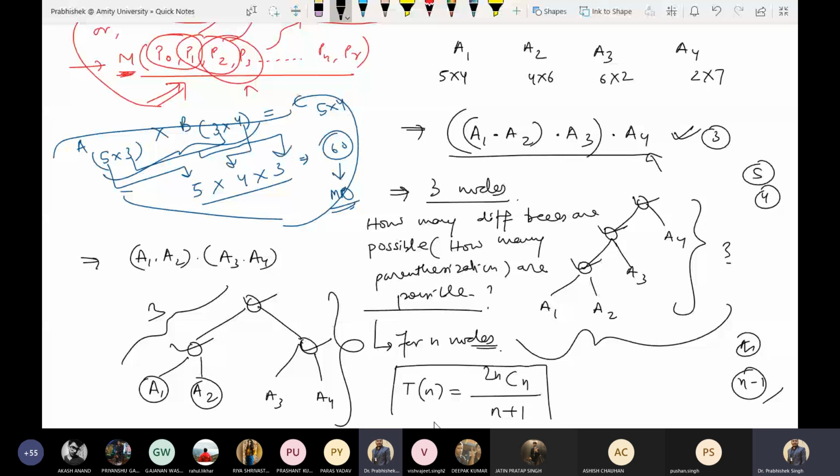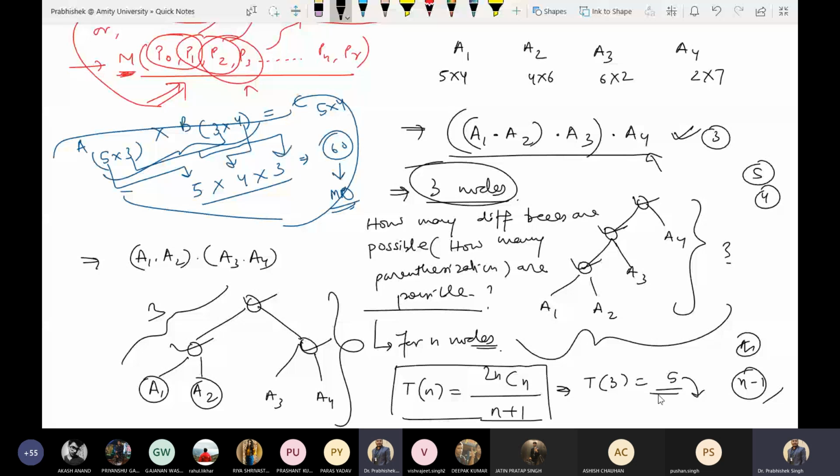This is the formula. Just place n equal to 3 for this question, because the total number of matrices is 4, so nodes will be 3. So you just put 3 here, and you will get T of 3 is equal to 5.